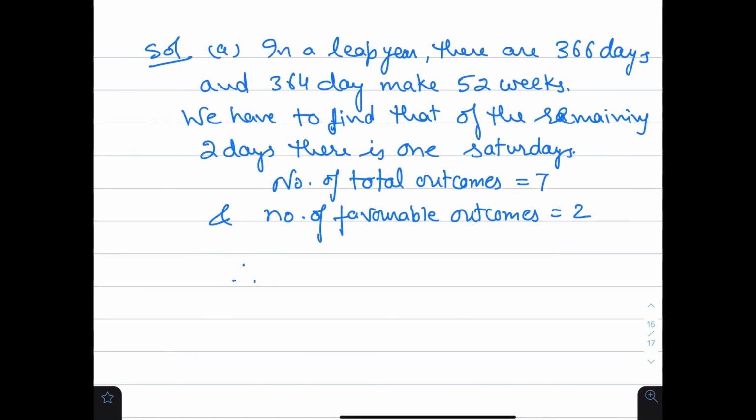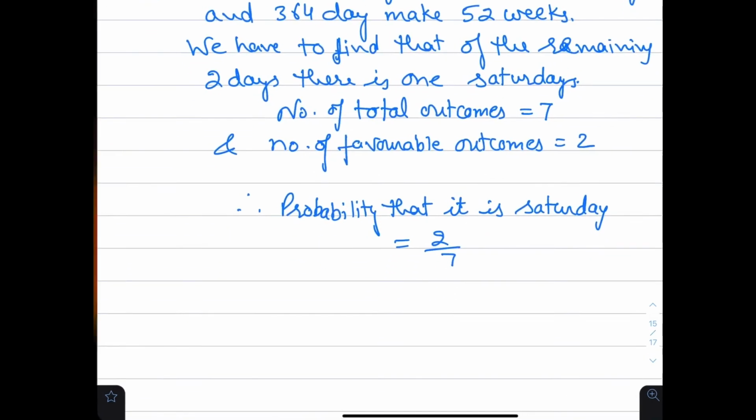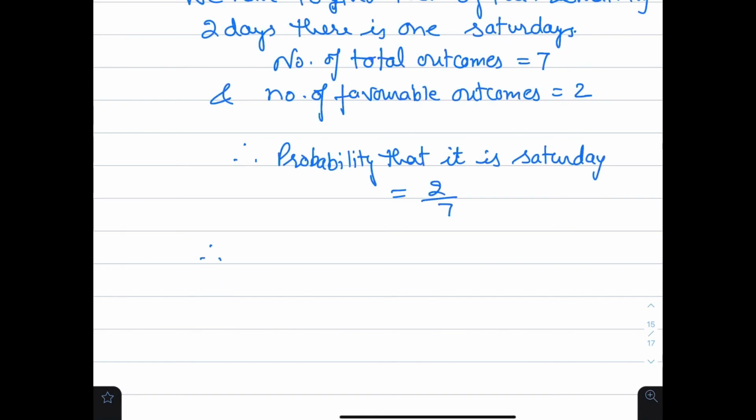Therefore, probability that it is Saturday equal to 2/7. Therefore, we can say that probability for 53 Saturdays in a leap year equal to 2/7.